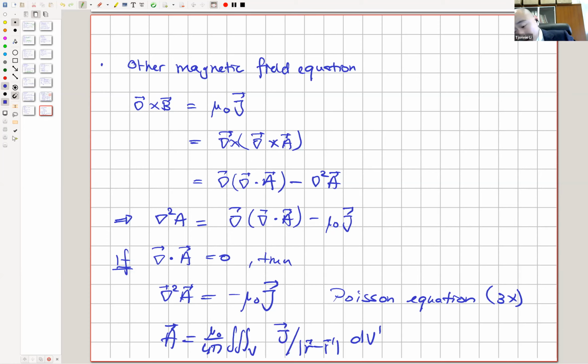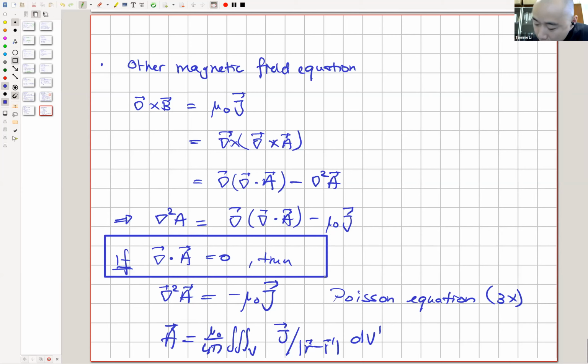Now, there's a little subtlety here, and I want to discuss this with you already at this stage, and that is basically this thing over here. In order to get the Poisson equation, we had to specify that the divergence of A equals 0.